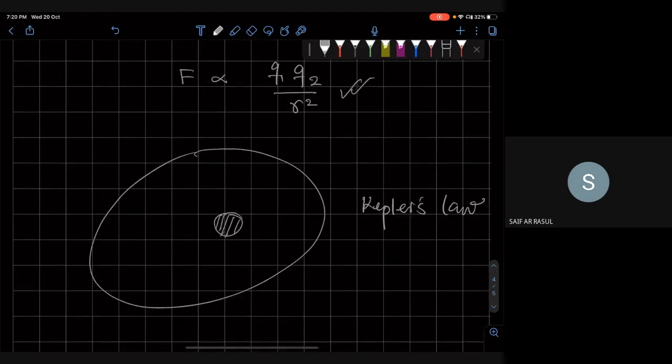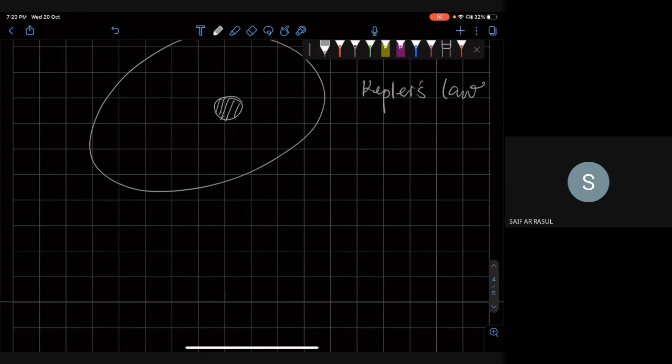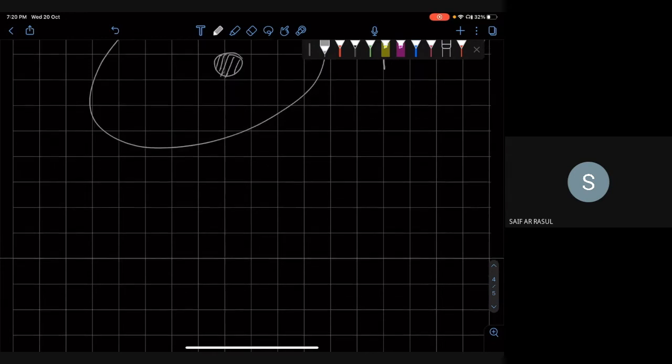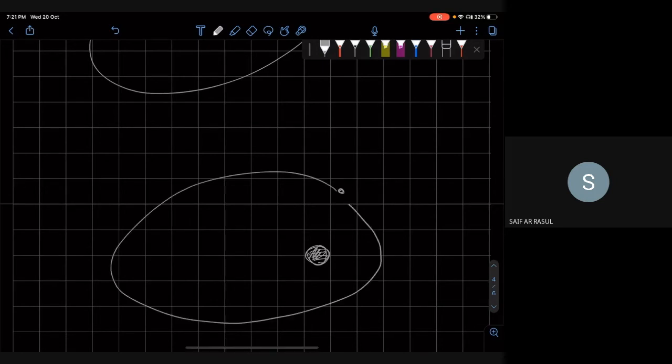What is Kepler's law? Kepler's law states that for an inverse square law force, say with a heavy object, say the sun, the smaller planets are going to orbit the sun in ellipses with the sun being placed in one of the foci.